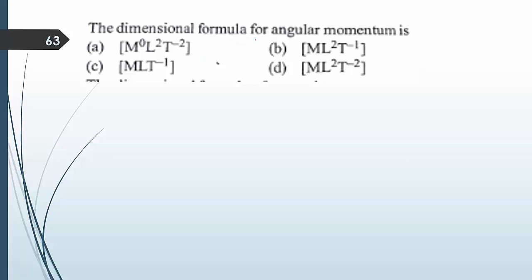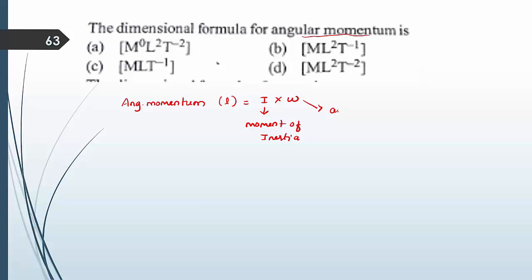63rd question. The dimensional formula for angular momentum. Yes, first you have to know what is angular momentum. We know that linear momentum is product of mass and velocity. Similarly, angular momentum is the product of moment of inertia and angular velocity. L equal to I omega. I indicates moment of inertia.